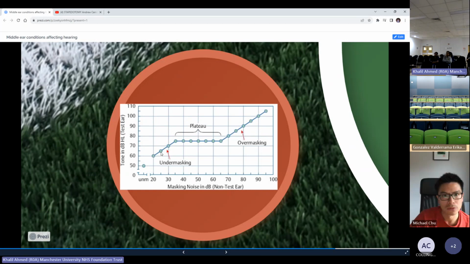So what about if we turn the masking sound up by 5 dB? You turn up the volume of the white noise in the non-test ear, and then retest the patient's hearing in their test ear again.